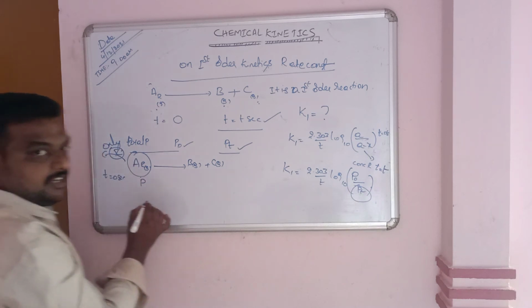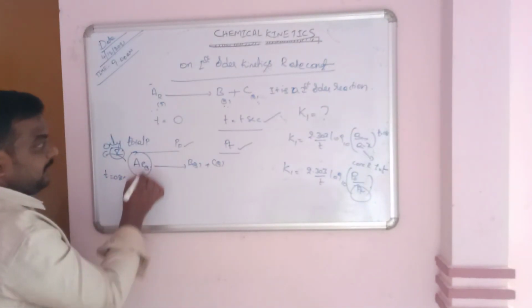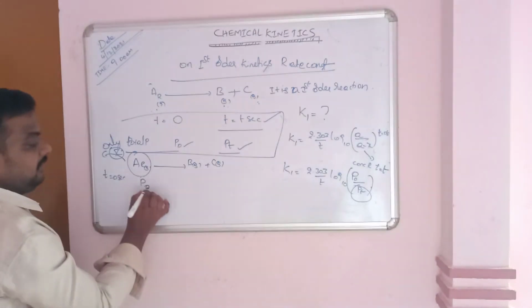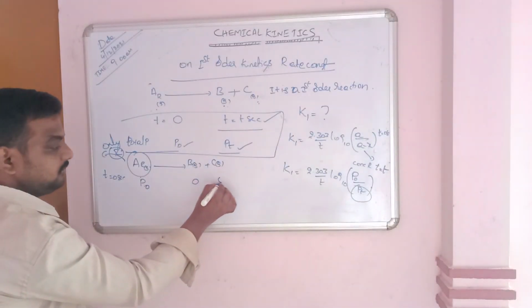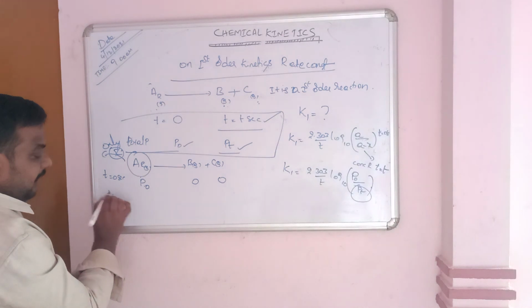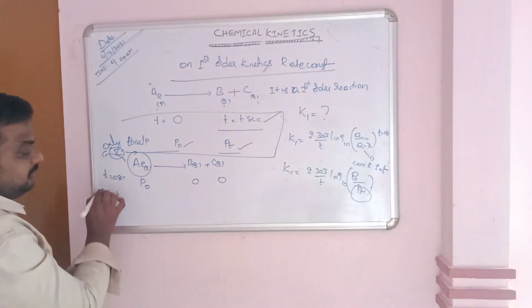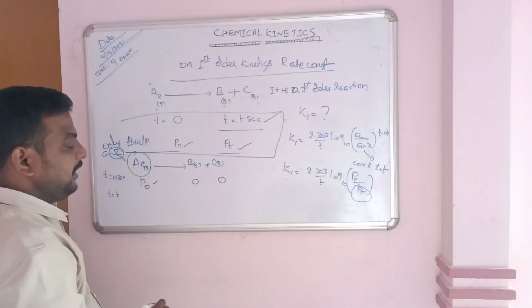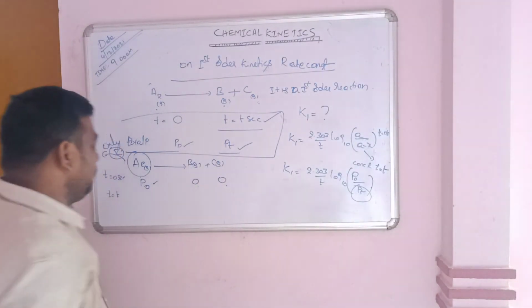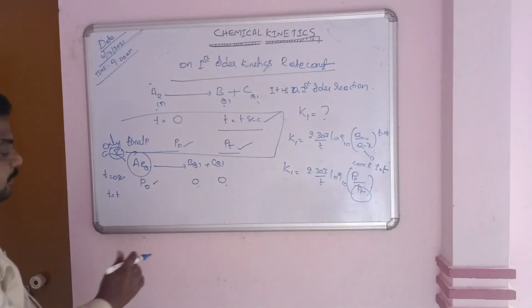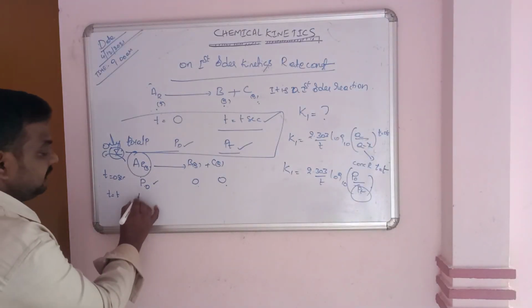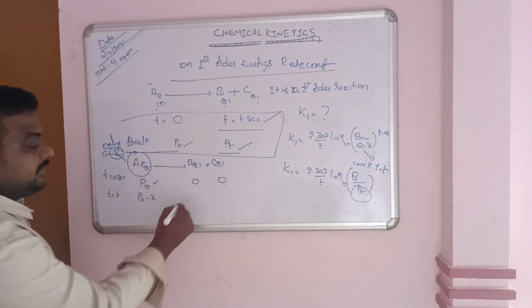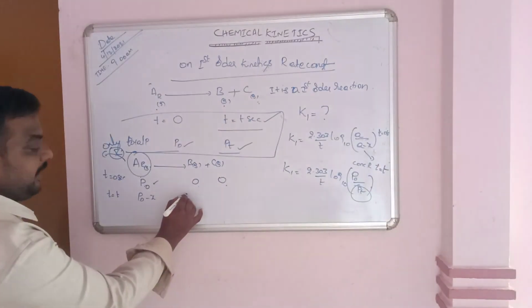So the initial pressure given according to the data is P naught, and there will be no products: 0, 0. During the progress of the reaction, some pressure is consumed, that is P naught minus x, and the products are formed with pressure x each.